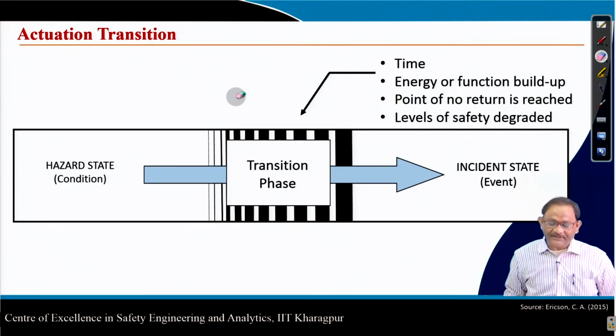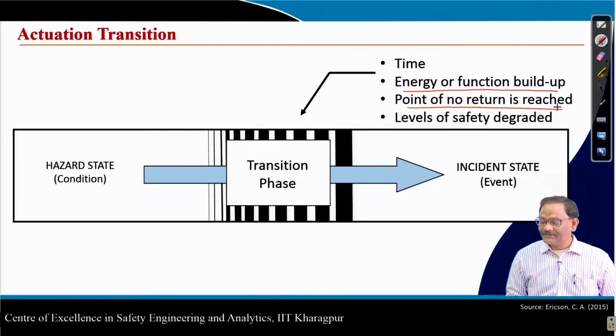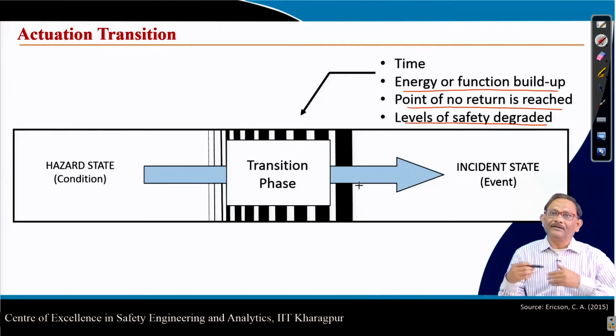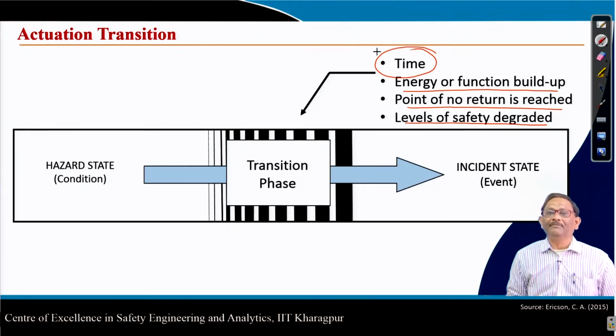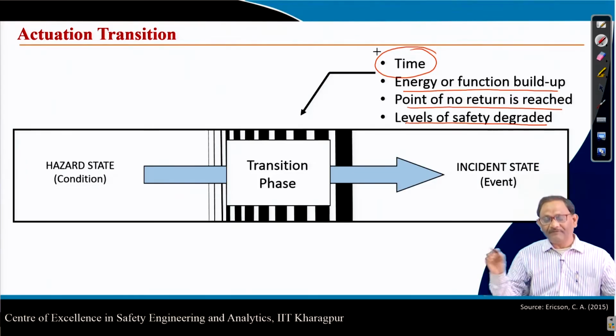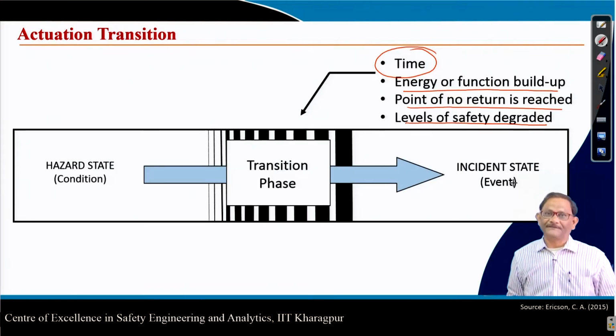Even then, the transition may take place because of many things: energy build up, point of no return reached, level of safety degraded. When all those things align together at a particular time, the line connects, the chain of events is completed, and the incident will take place.